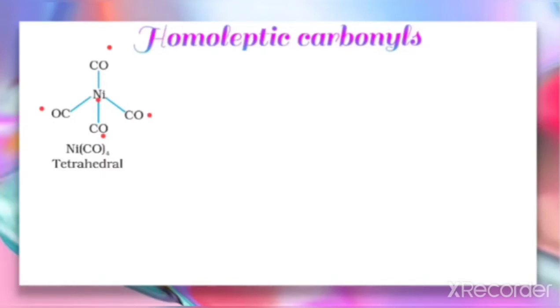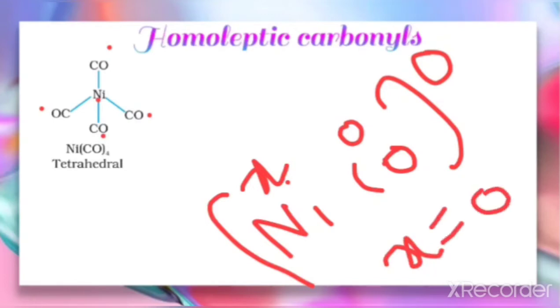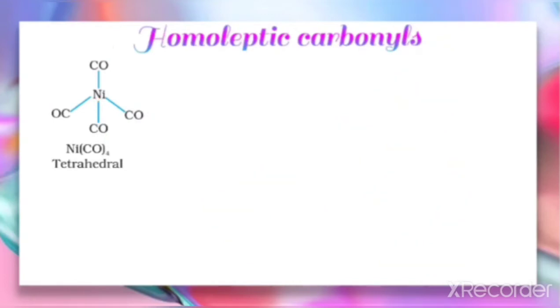That means the charge on CO is 0, and the overall charge is 0. If we keep the oxidation state of nickel as x, then x equals 0. That means nickel is present as a nickel atom, not a nickel ion, with oxidation state 0.